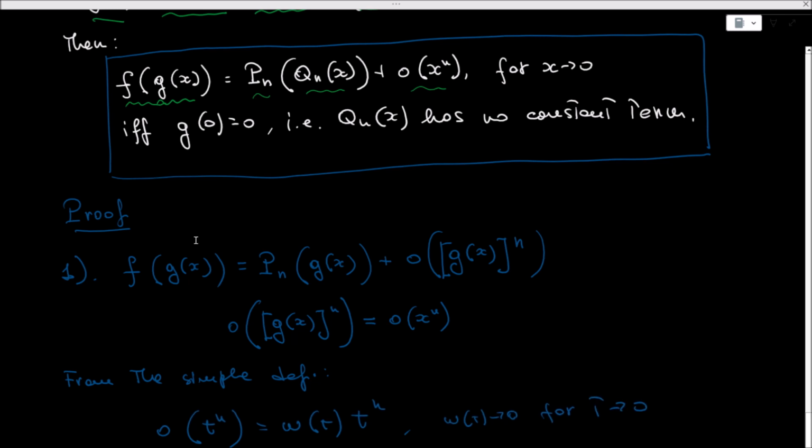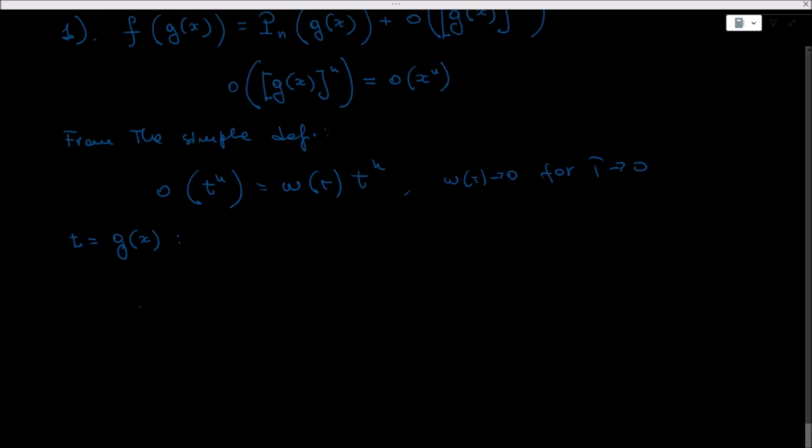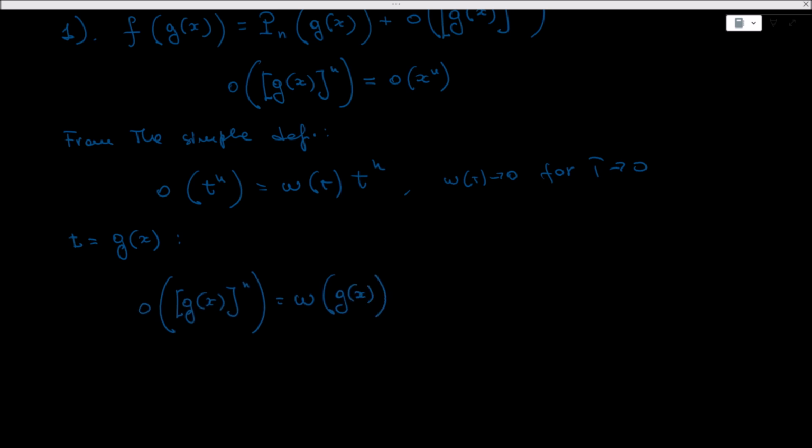If we now replace t equal to g of x, we get that little o of g of x raised to the n is equal to omega of g of x times g of x, all raised to the n.